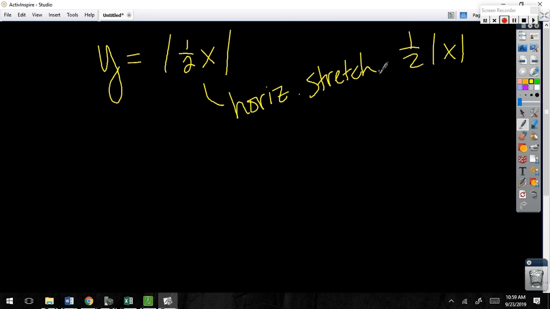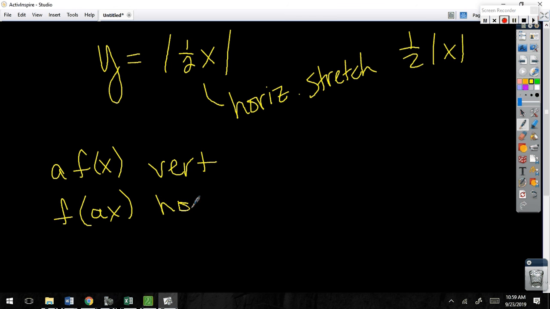If it's only done to x, remember, this is vertical, this is horizontal. So if there's two things in there, that's horizontal.